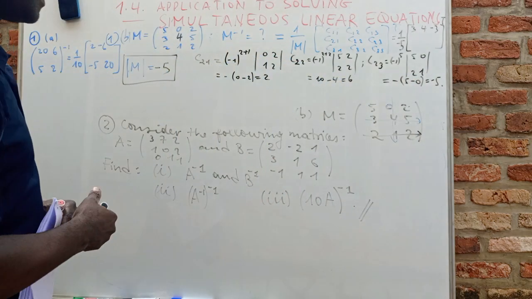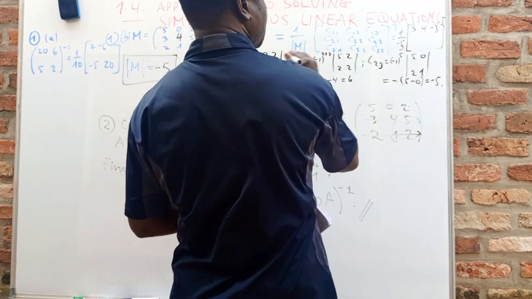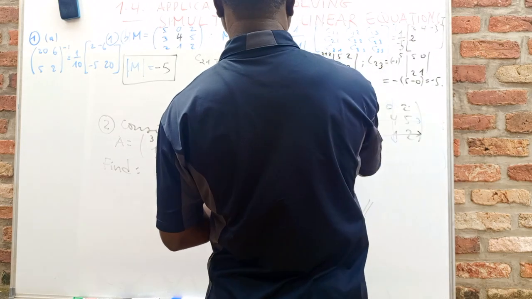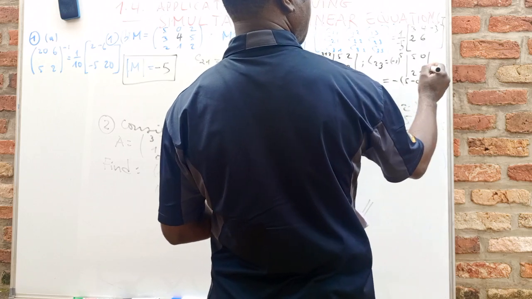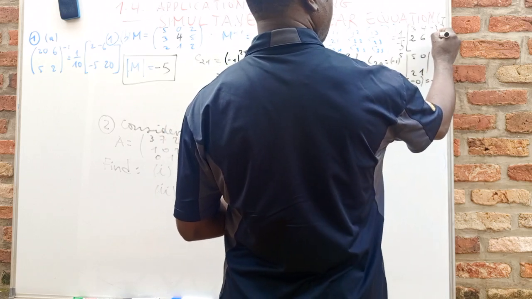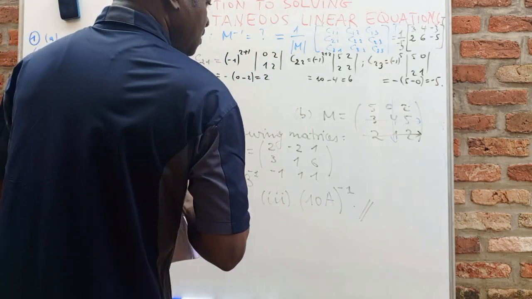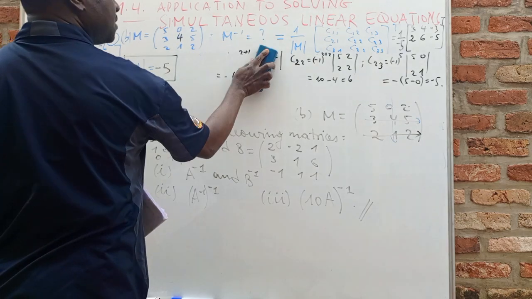Okay, so this is the second row, starting from 2, 1. 2, 1 is 2, 2, 2 is 6. Now 2, 3 is -5. And next we look for the third row.